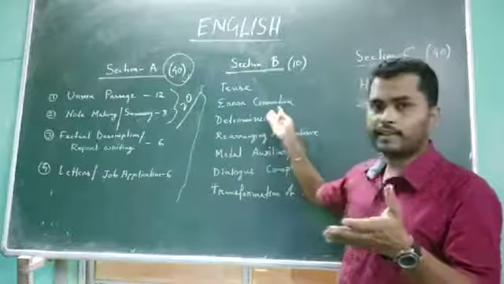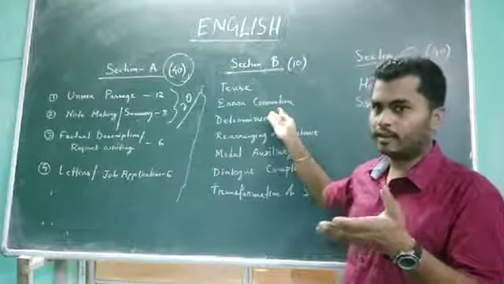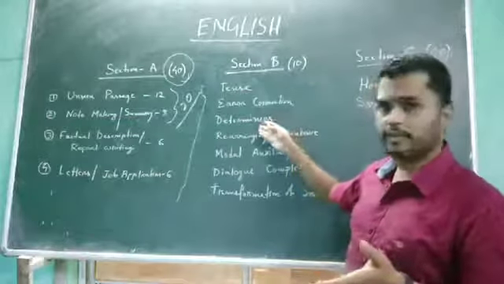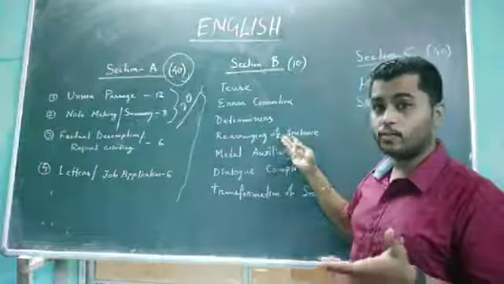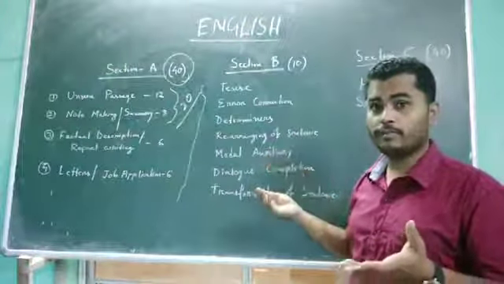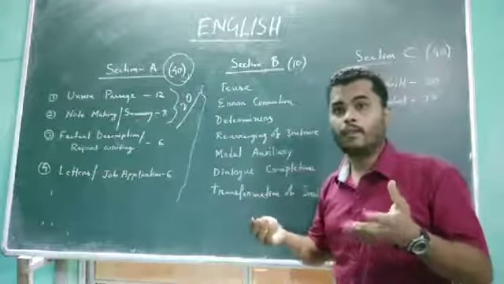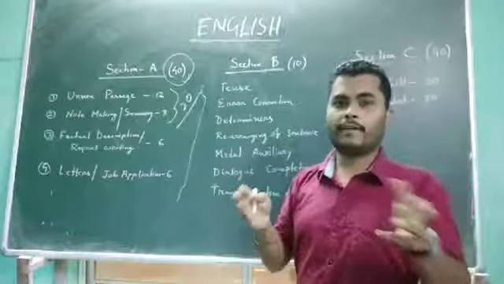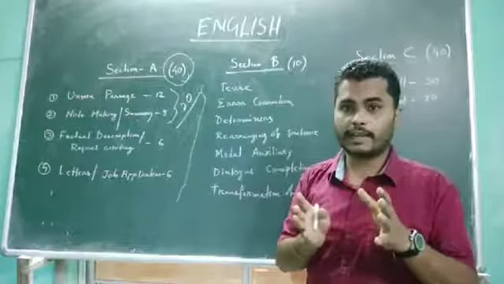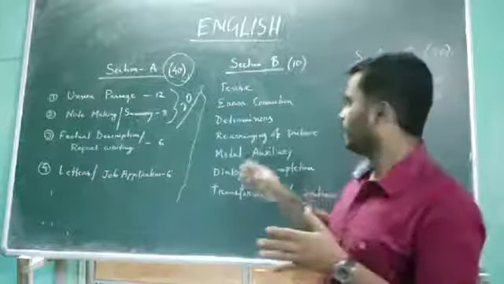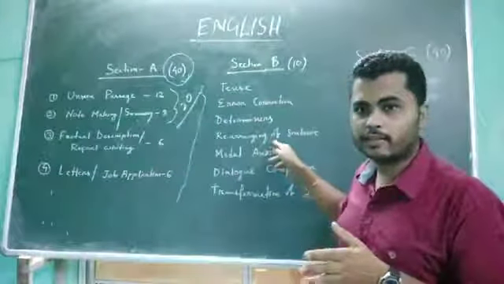We will have to correct those errors. This is called error correction. Then determiners. Then rearranging of sentences. That means jumbled words. You will be given some words without any sequence, and you will have to rearrange those words to make a meaningful sentence out of them. This is called rearranging of sentences.